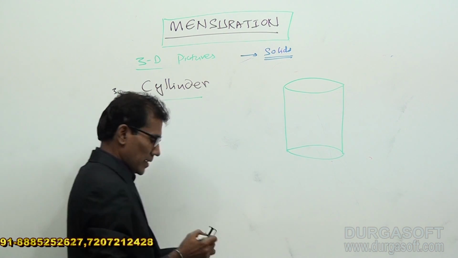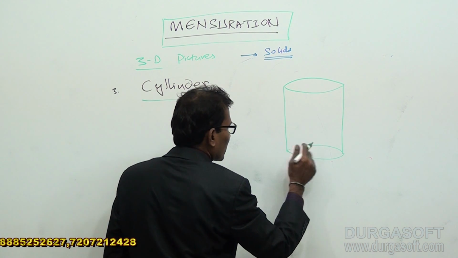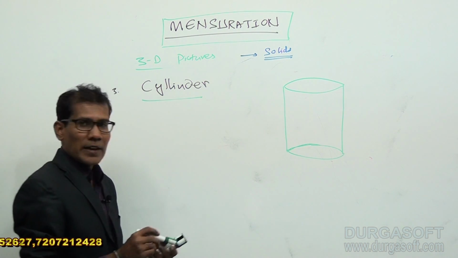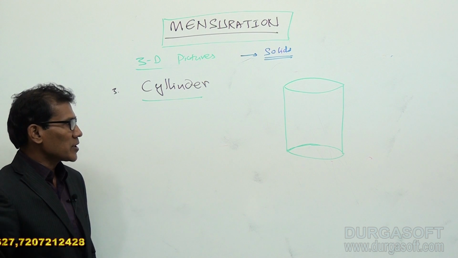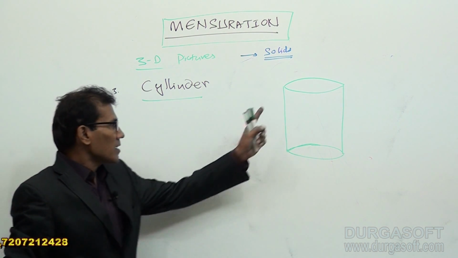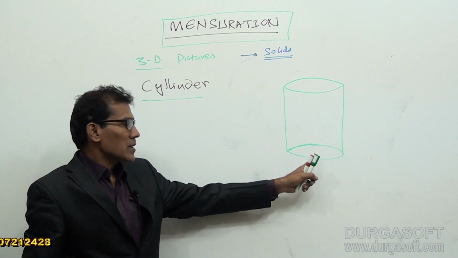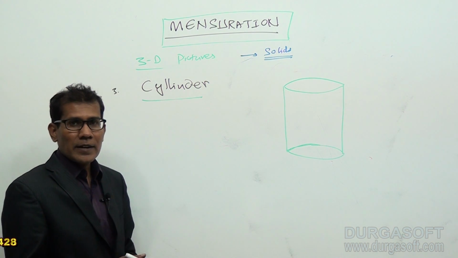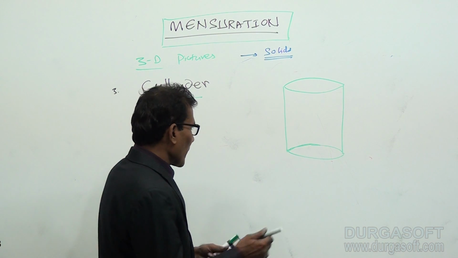This is the shape of the cylinder. What we notice in the cylinder: the base and the top have the same shape, a circle. There is a circle on the top, the same circle is at the bottom, and this is going to be height. Let us see what the dimensions of this cylinder are.